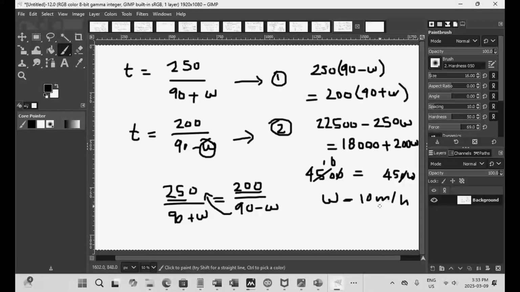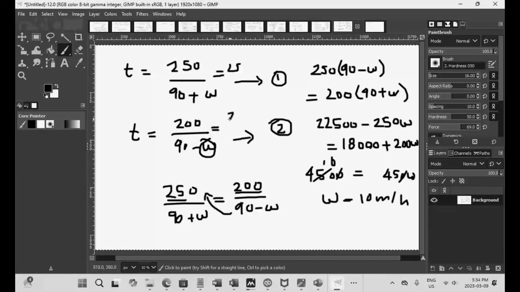And you can sub in this value in the first and second equations. So over here you have 10. So 250 divided by 90 plus 10, which is 100, which means this will become 25. And 90 minus W, which is 10. So 90 minus 10 is 80.